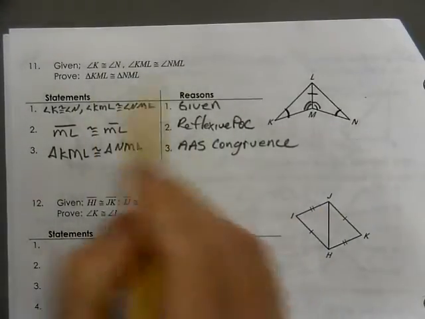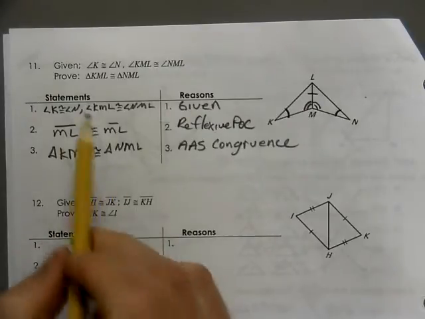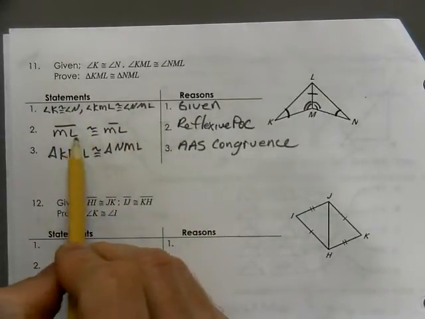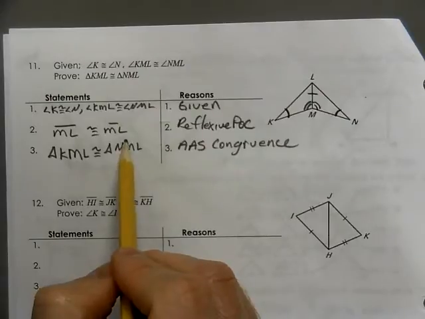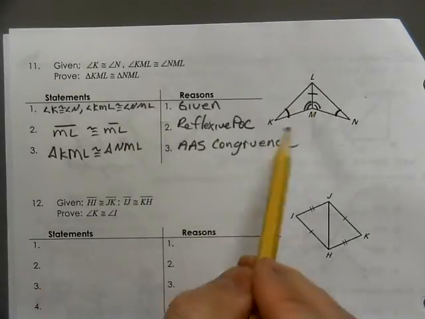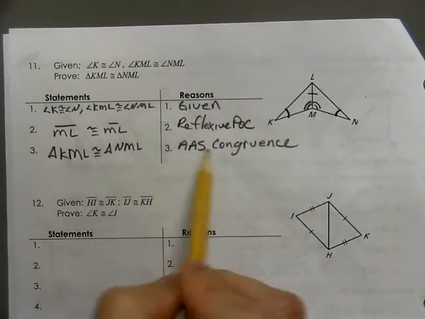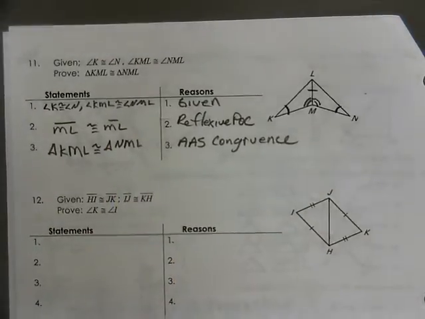We know by making our plan exactly what we were doing. From the given information, we needed to have one more bit so we can get our 3 pieces, which obviously in this case has to be a side, and then that was enough to prove the triangle is congruent.